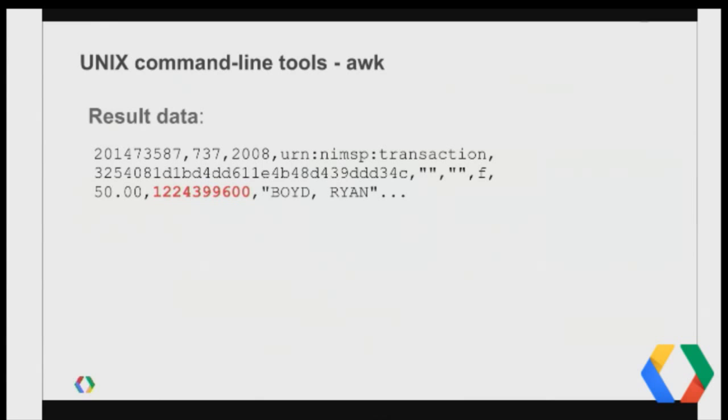And that becomes our int, that's the time since epoch. And we're substituting column 10 of our original source file with that time and printing it all out. And then again, piping it out to gzip to compress the data again.